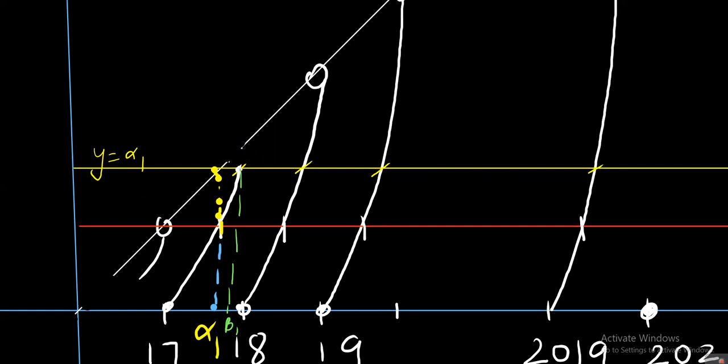So I'm just marking it over here. This is beta 1, right? This point is beta 1. Since y = x, the y beta 1 is going to lie on y = x. Now what you have to do, you just have to trace a line parallel to the x axis and solve it with f(x). That is, we are actually solving f(x) = beta 1. So this is what we have to do.